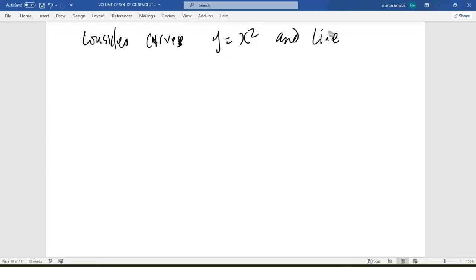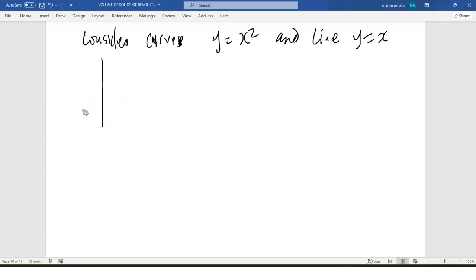Now let's look at an example of that case. So consider curves y is equal to x squared, and line, by the way, line y is equal to x.